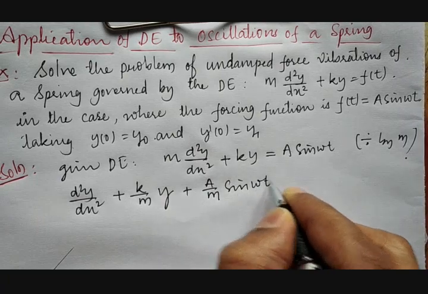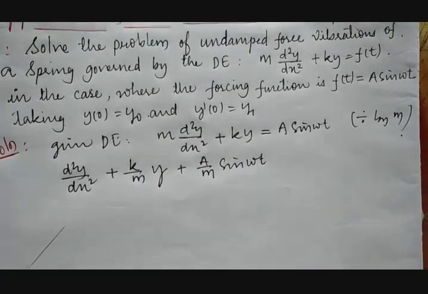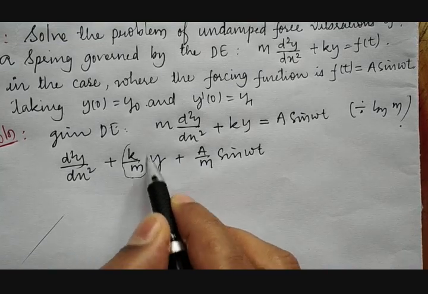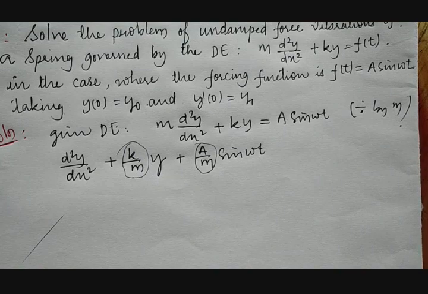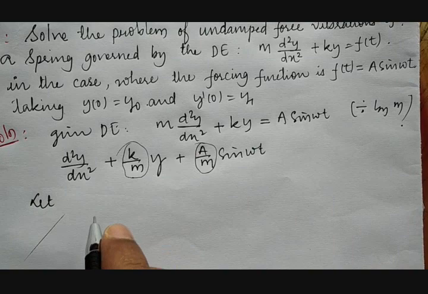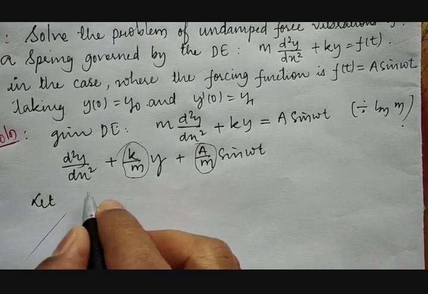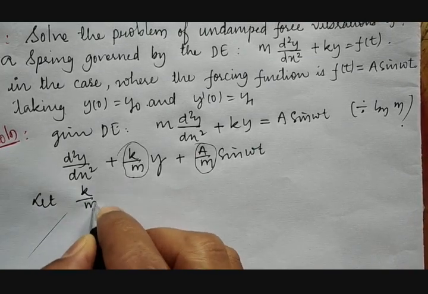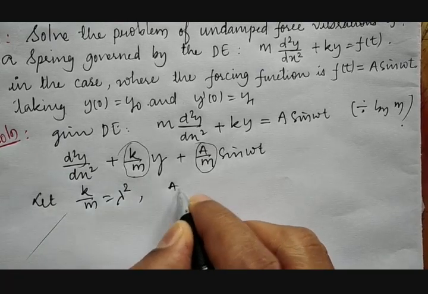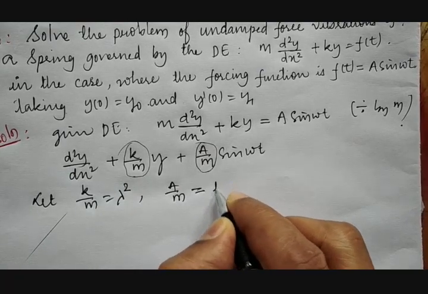We get d²y/dx² + (k/m) y = (a/m) sin ωt. Still, we feel the steps are a bit lengthy, so let us make them short for our convenience. Let us take some substitutions in the beginning. Let us take k/m = λ² and a/m = μ.